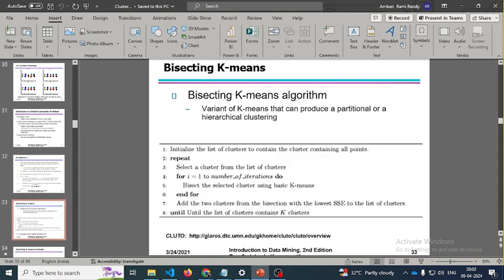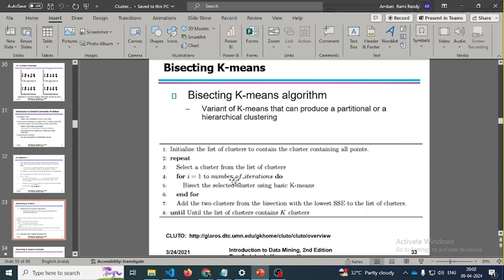Another variation of k-means is the bisecting k-means algorithm. Here also the initial steps are the same. Bisecting k-means is another variant of k-means which can produce a partitional hierarchical clustering. Initially you select the clusters.